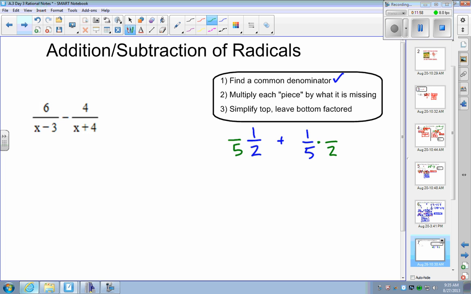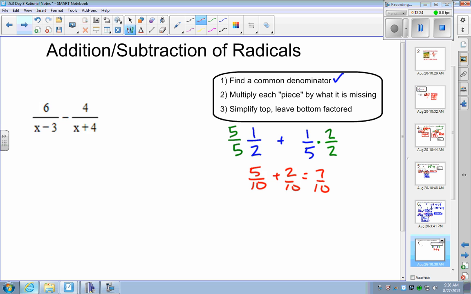Now, you can't just randomly multiply by a 5 unless it's 5 over 5, because that's 1. 2 over 2 is the same thing as 1, so you're not really changing anything at all. You can multiply by 1, and it doesn't change it. So then this is 5/10 plus 2/10 for 7/10.